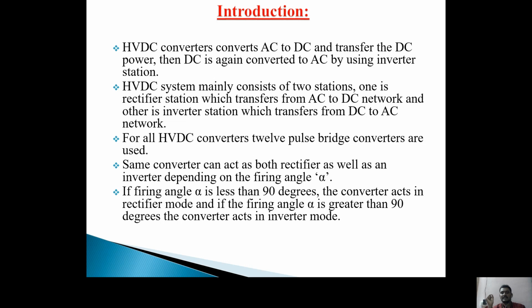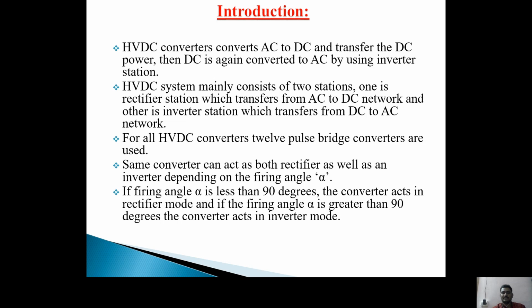The same converter, that means the 12 pulse bridge converter, can act as both rectifier as well as an inverter depending on the firing angle alpha.